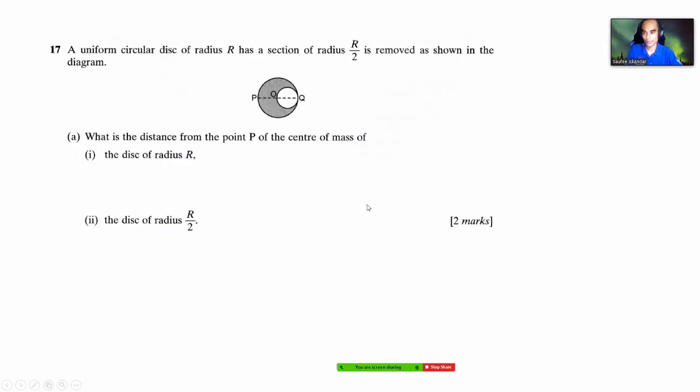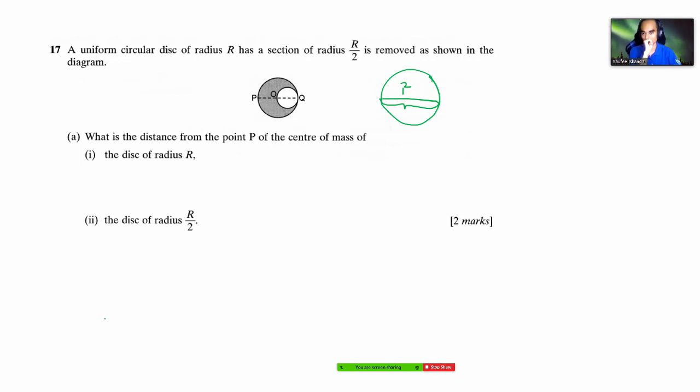Okay, next one. A uniform circular gear of radius r has a section of radius r divided by 2 removed, as shown in the diagram. What is the distance from point P to the center of mass? The disk of radius r and the disk of radius r divided by 2. So here we have a disk with radius r, and one more disk.